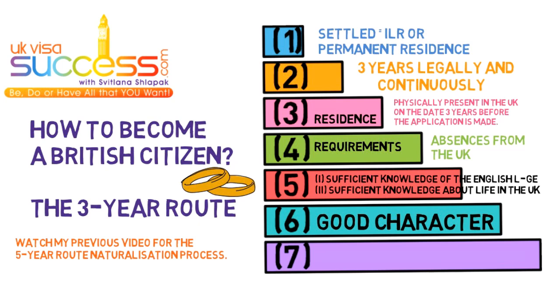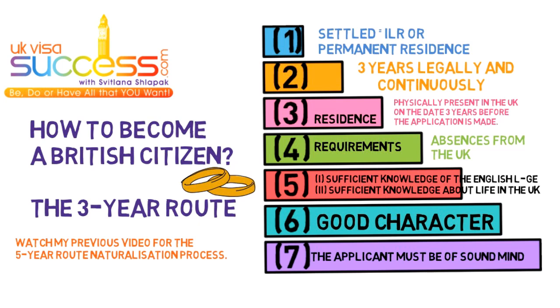The Home Office actually has guidance on this, consisting of 31 pages, and I simply don't have time to go through all the details here in this video. But if you want to know more about the good character requirement, I can send you the link to the Home Office guide. And the last requirement, number 7, is that you have to be of sound mind when making the application.